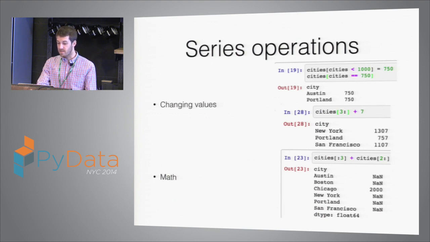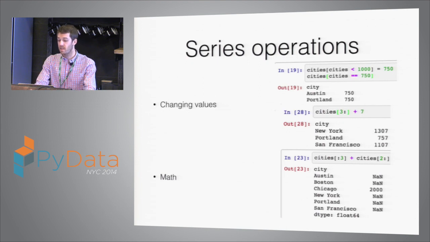So when you're mathing a series, if you're mathing two series together, what ends up happening is that they join on the index. So if there are index values that are not shared between the two series, the operation that you just tried to perform will return a null object.